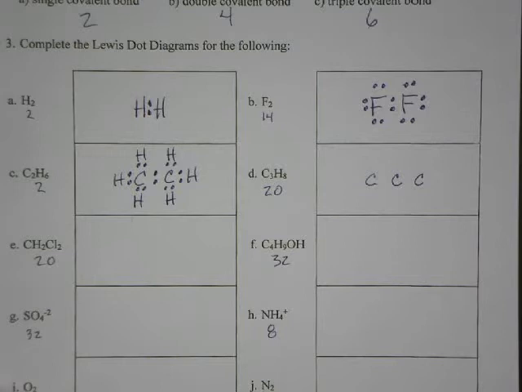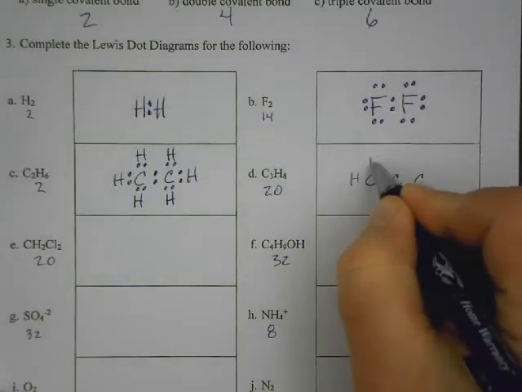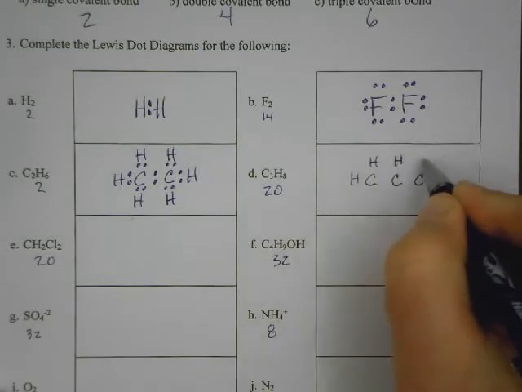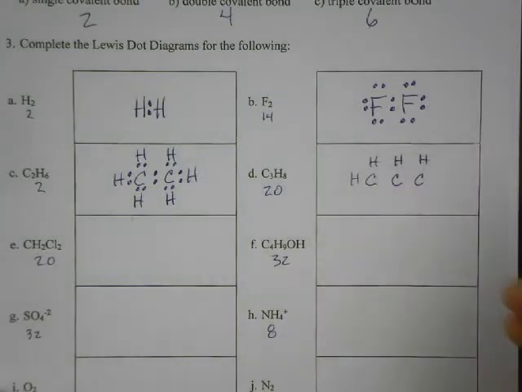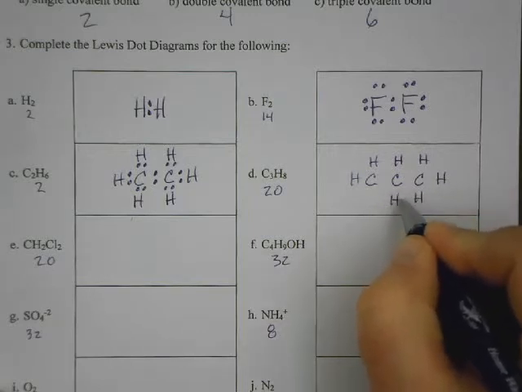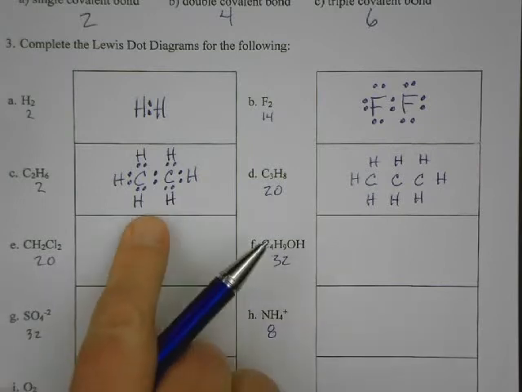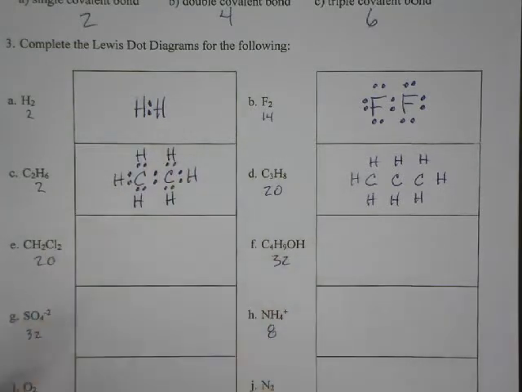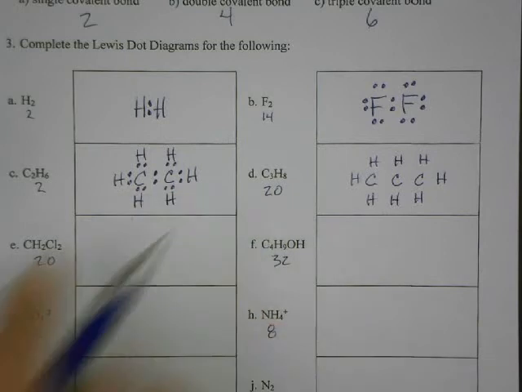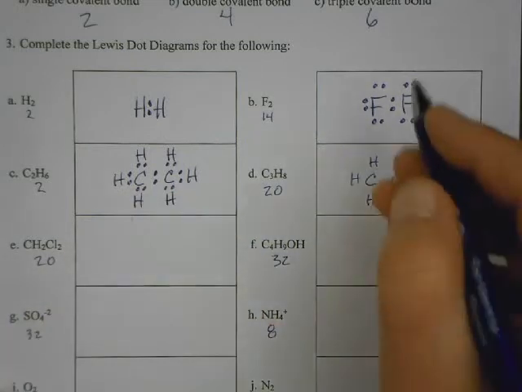The carbons. What's around the edges? And oh, by the way, how many places were there to put those hydrogens? 8. How many hydrogens did we have? 8. Just like here, there were 6 spots around the 2 carbons. There were 6 hydrogens. We want to fill up shells.